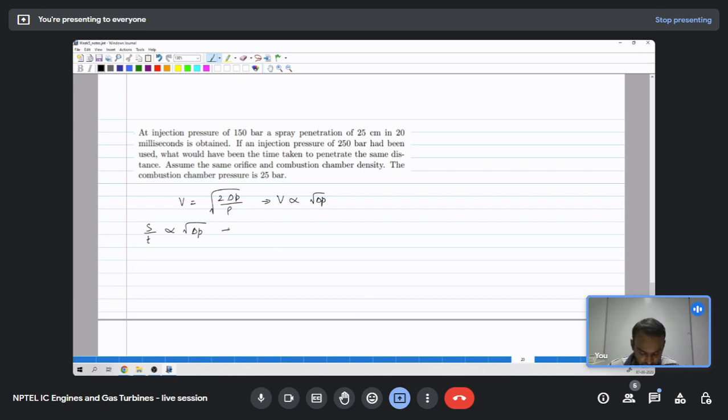So I can further write this as S is proportional to delta P alone, because there is no change in time.